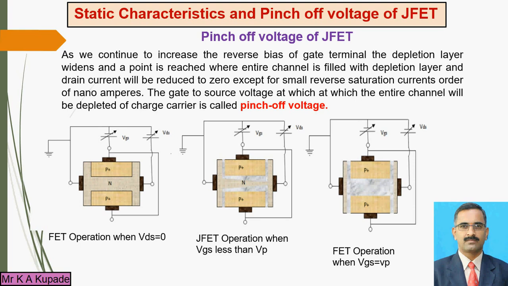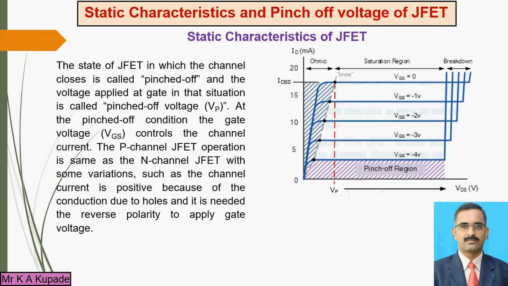Once again, if you are confused, I will show that here. The pinch off voltage or pinch off region is shown at this position. Suppose initially I make VGS equal to 0 and increase VDS.